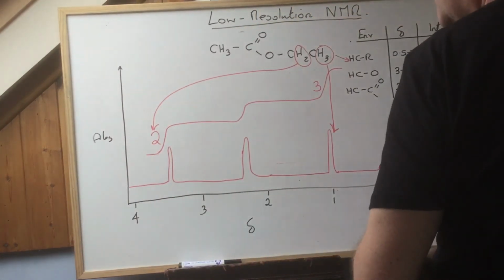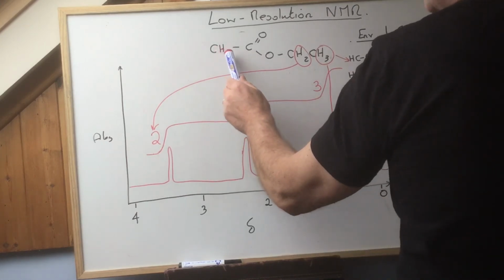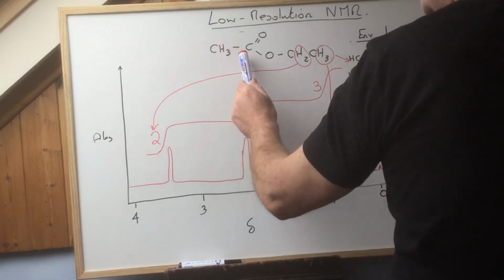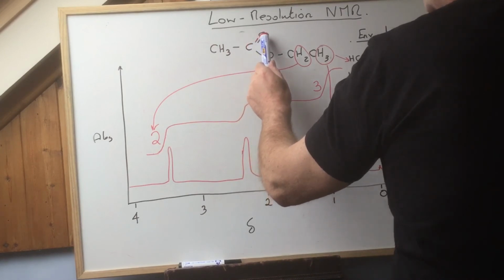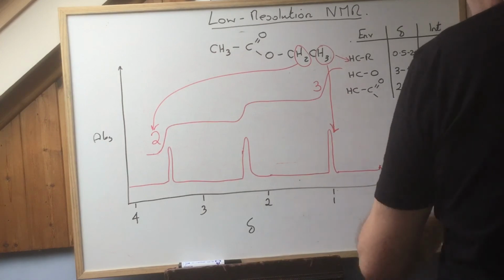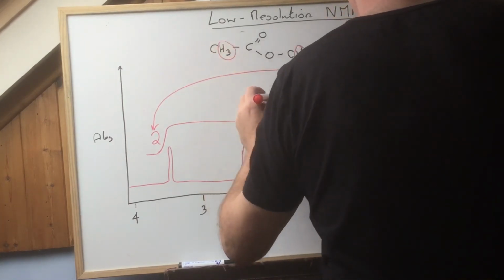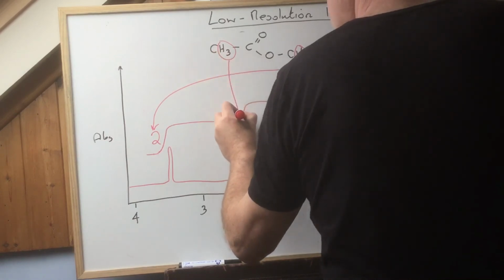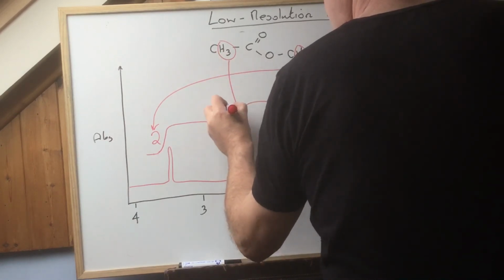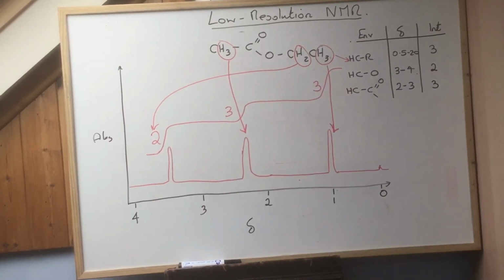Finally, 2 to 3: protons joined to a carbon, which is joined to a carbon with a double bond O on it. Those there. 2 to 3, popular area. Those 3 there are responsible for that peak there, integration value of 3. So that is the low resolution NMR spectrum.